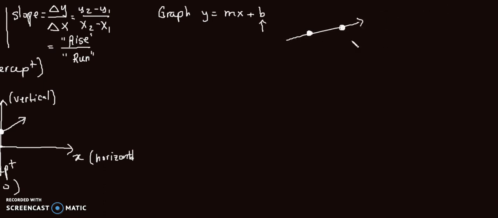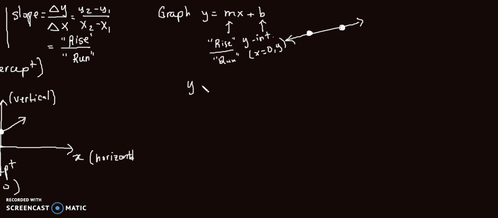So you will need 2 points. The first point is given here already, because this is a y-intercept, so the x will be 0 and y will be b. And then for the slope, we will use the concept of rise over run, the definition of slope, to find the second point.